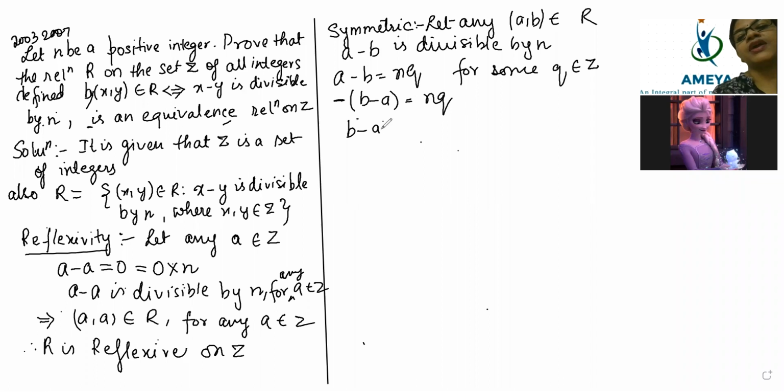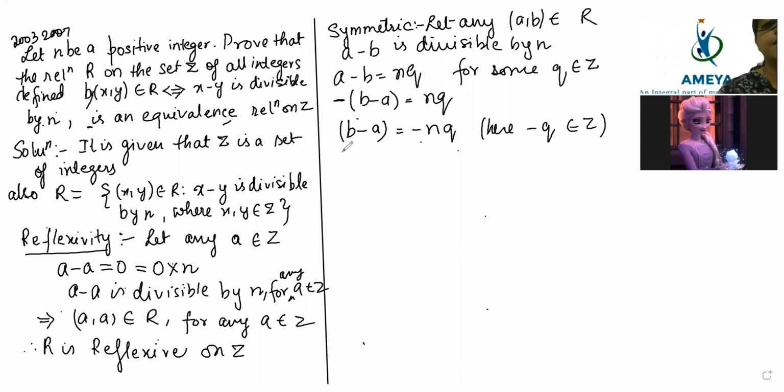Then B minus A will be equal to minus NQ. But beta, in this, dividend is equal to divisor into quotient plus remainder. So after taking minus also out, there is no remainder coming. Remainder is still 0. So therefore we can say minus Q also belongs to set of integer.